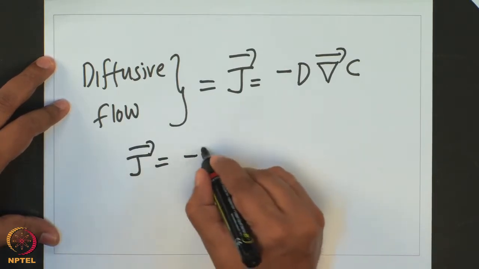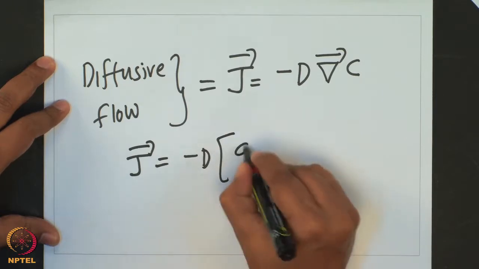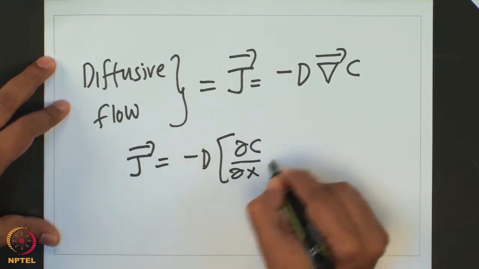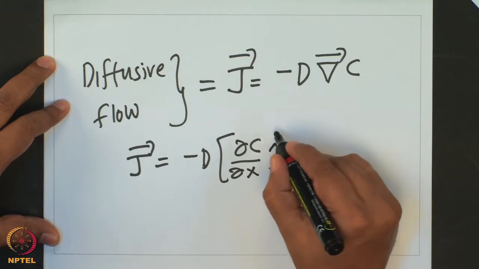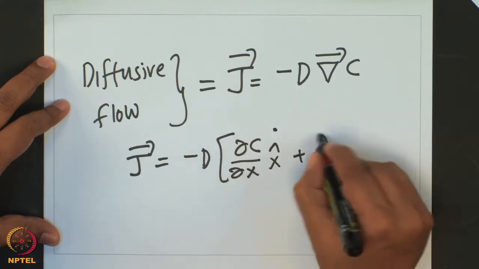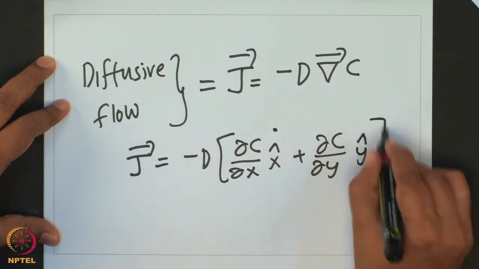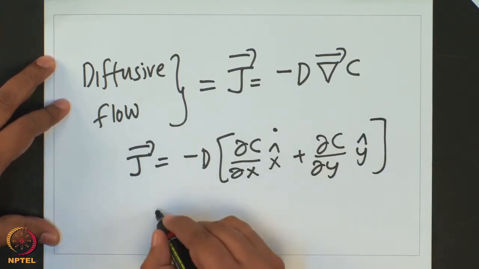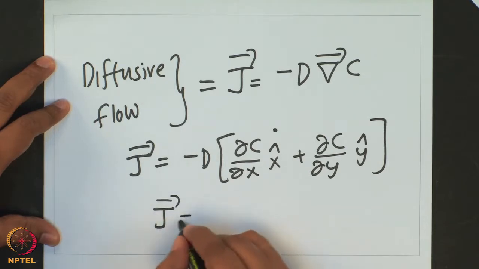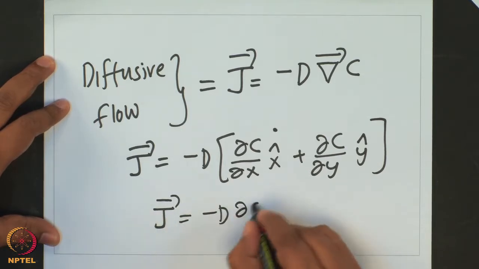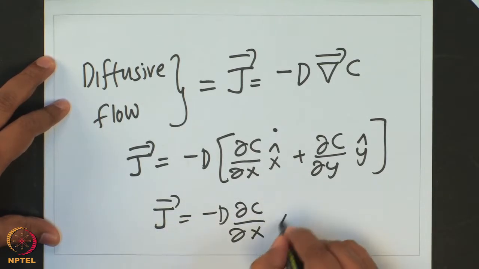If I expand this, I would get minus D times del C by del x along x cap plus del C by del y along y cap, and so on and so forth. Let us write in 2D. In 1D, it is just minus D del C by del x x cap.